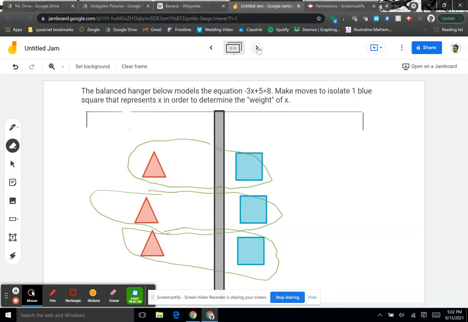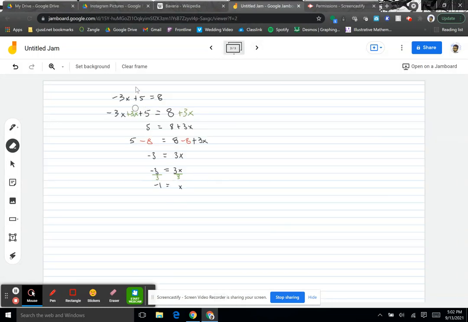Once they start to understand the idea that what you do to one side, you do to the other side, they've now formalized the idea of inverses when we're solving equations. That's my idea behind it. That's why this makes sense mathematically. No magic involved, no bubbles, no nothing like that. It's just math.